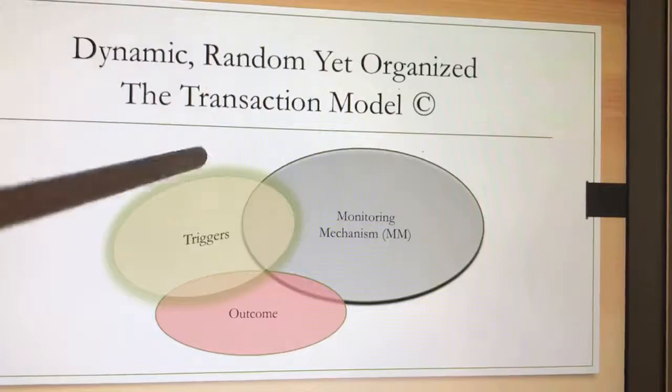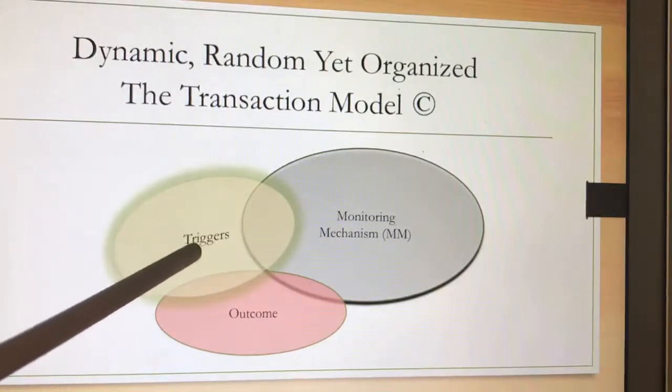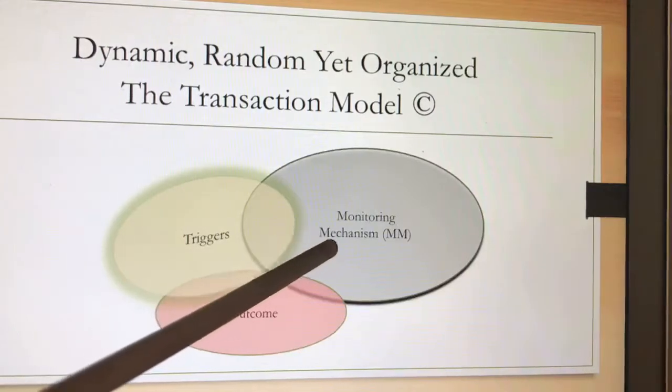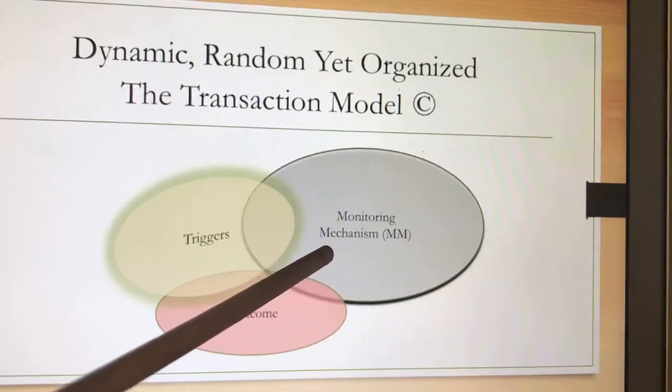These are the three main components of the model. Triggers is the independent variable, and the monitoring mechanism consists of two components, which are unbiased processing and self-reflection.